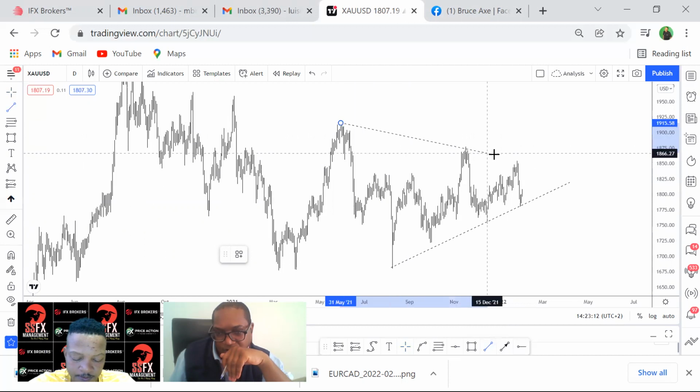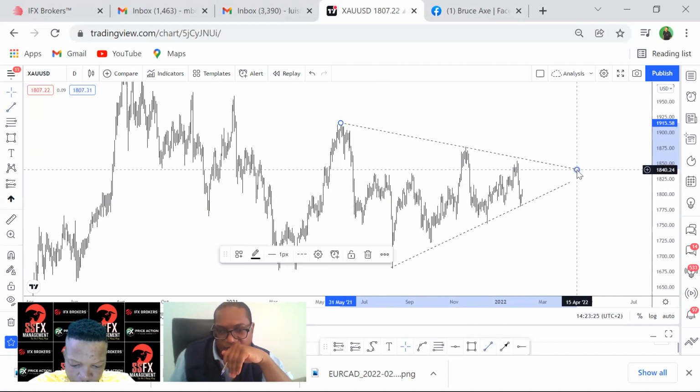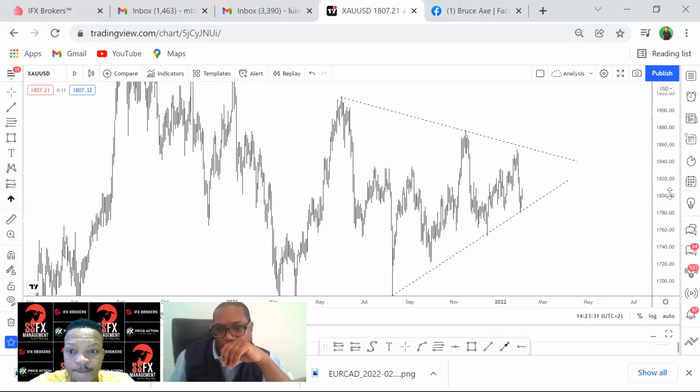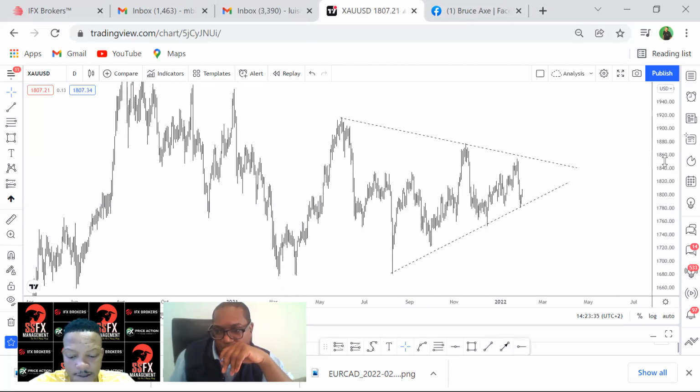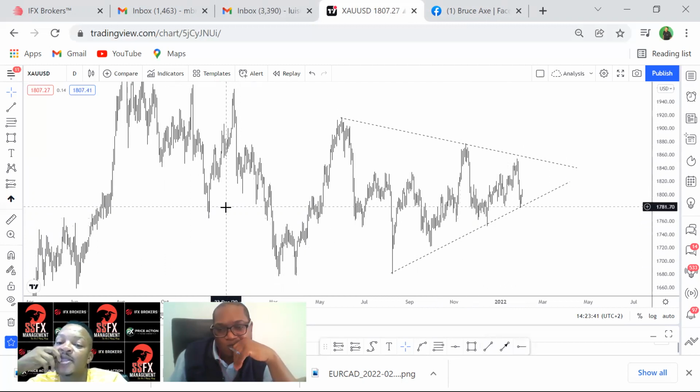Here I also have something. So I have some kind of a triangle here. So this is what I'm seeing on my side. Like a symmetrical triangle, something like that. Yeah, you see something like a symmetrical triangle there.